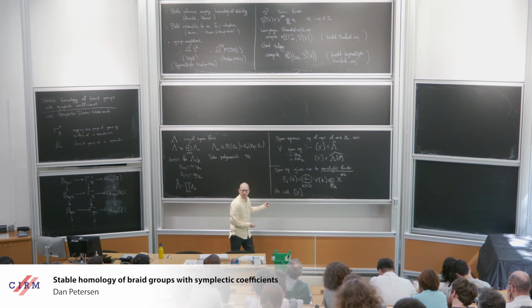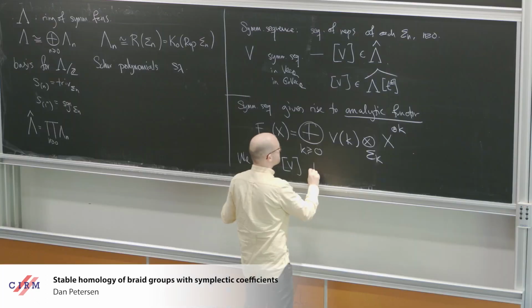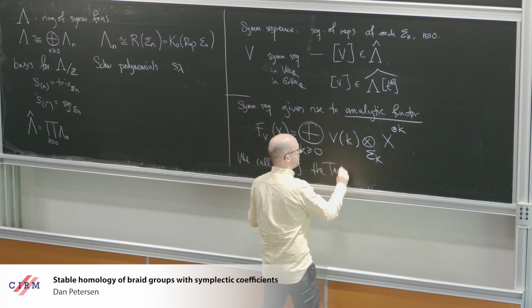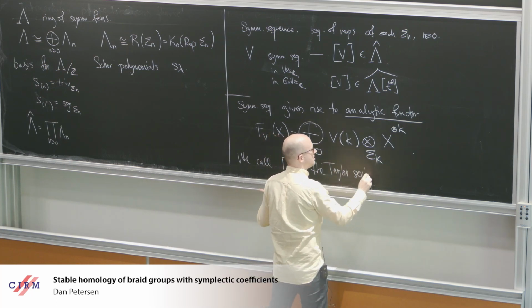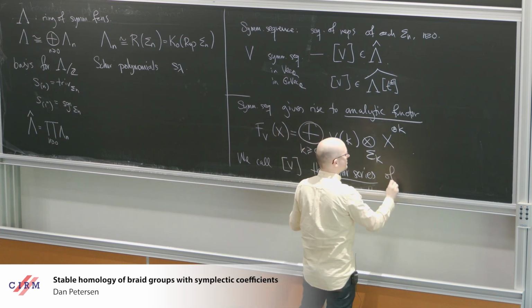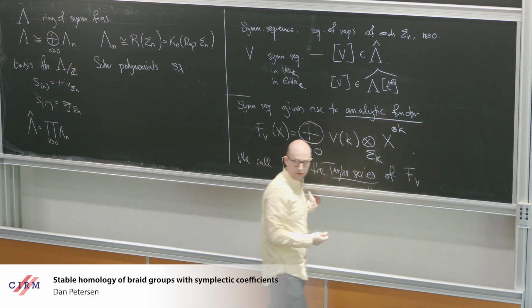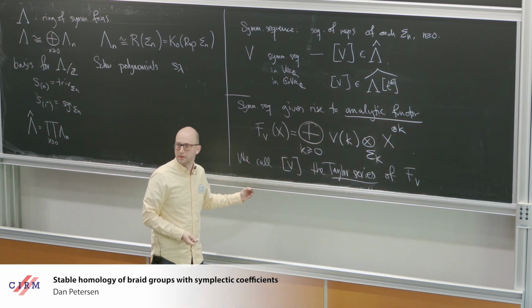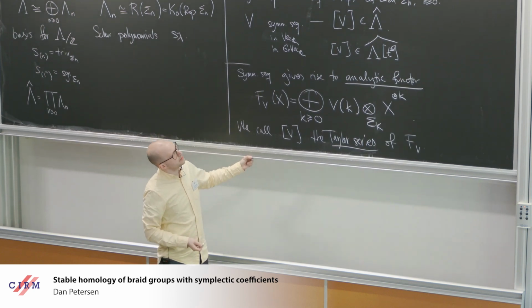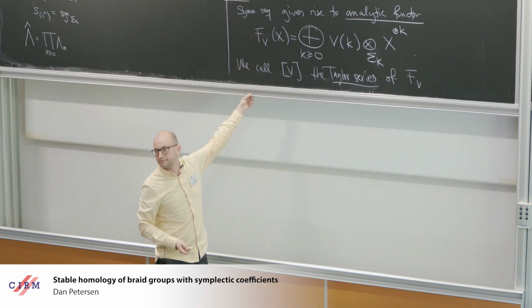And we call this guy V, the Taylor series of this analytic functor. And an analytic functor is uniquely determined by its Taylor expansion.